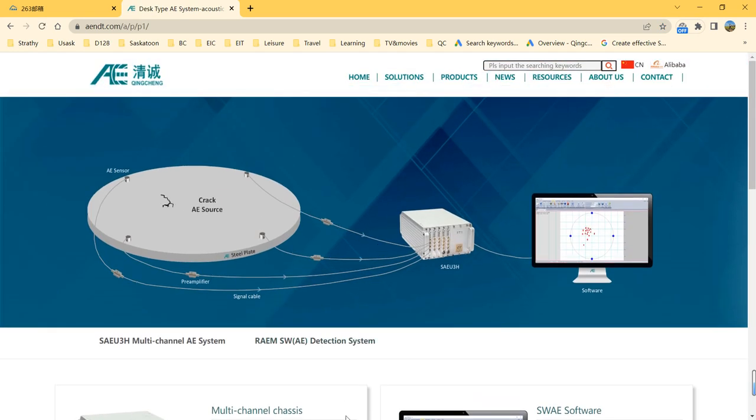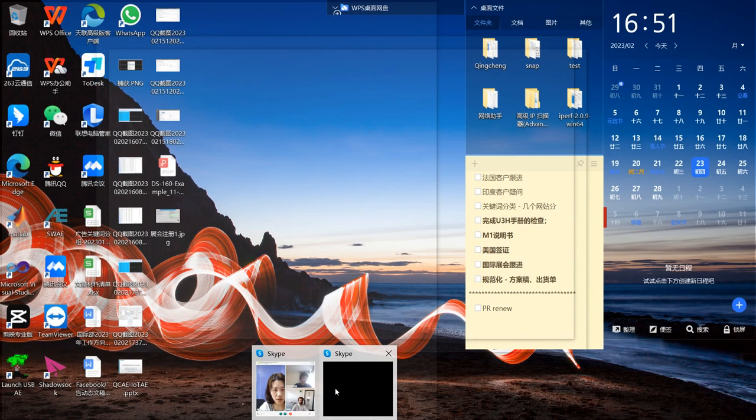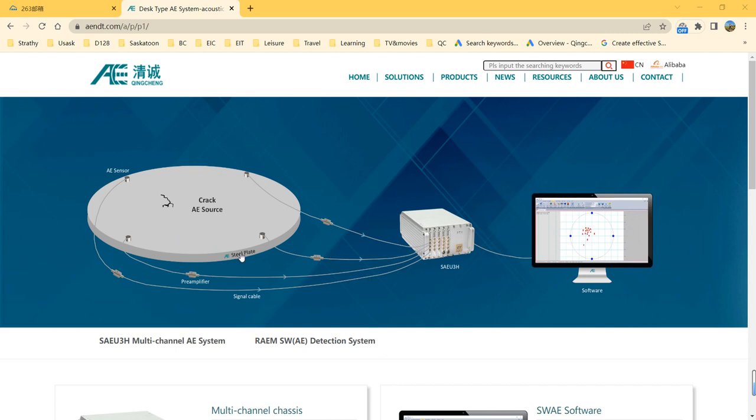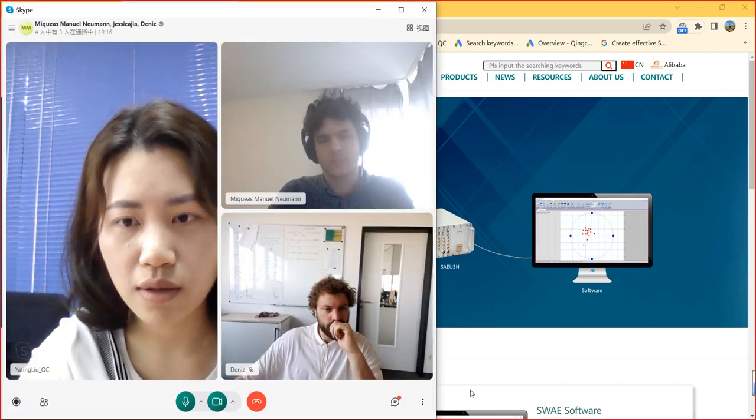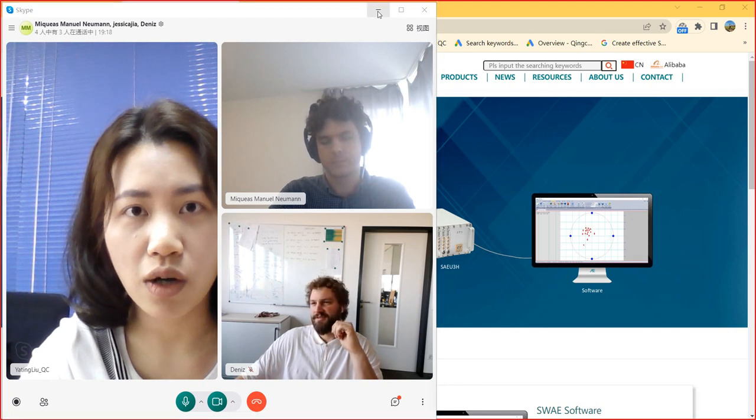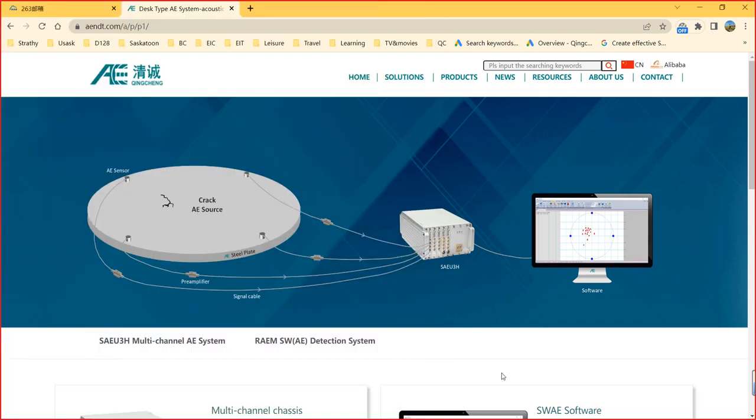I will share the screen right now. Let me see. Okay, can you see my screen share? No, I see only white. Oh, okay.